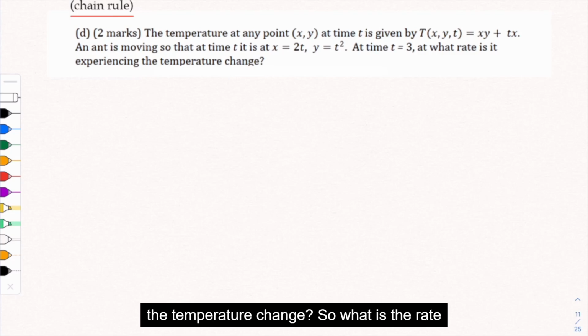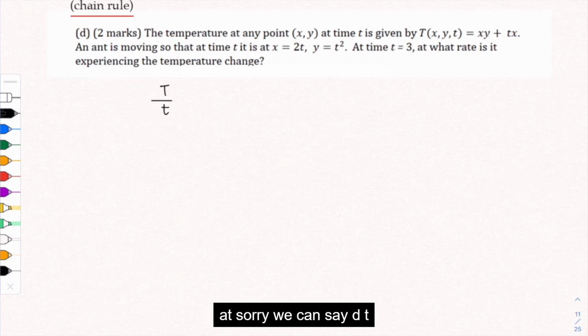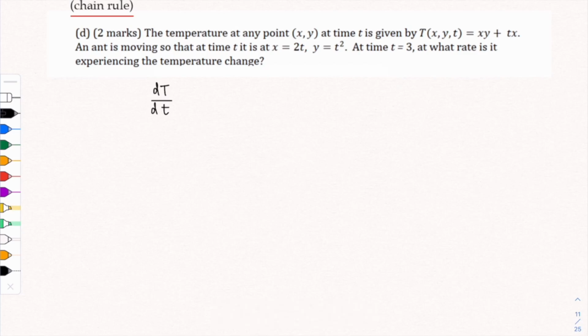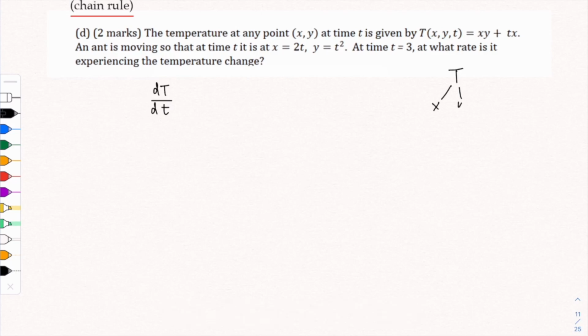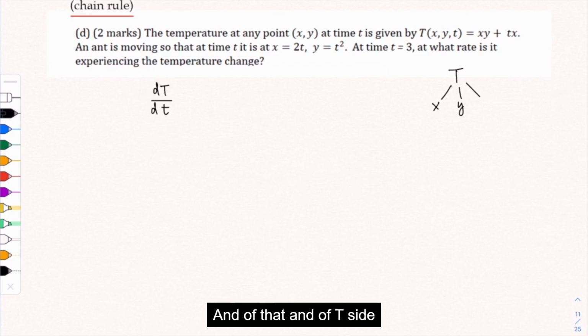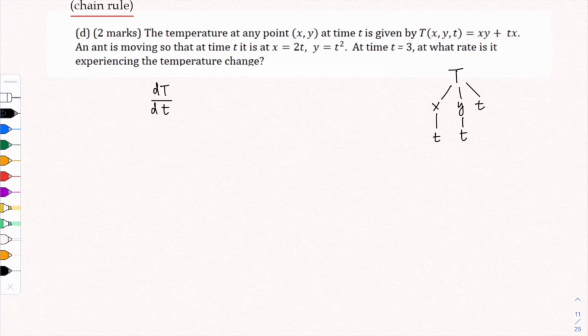So what is the rate of change of the temperature with respect to time? We can say dT, right? Because T is a function of x, y, and z, and of t, sorry. Now x is equal to 2t. X is a function of t, y is a function of t. So eventually the temperature is just a function of t.